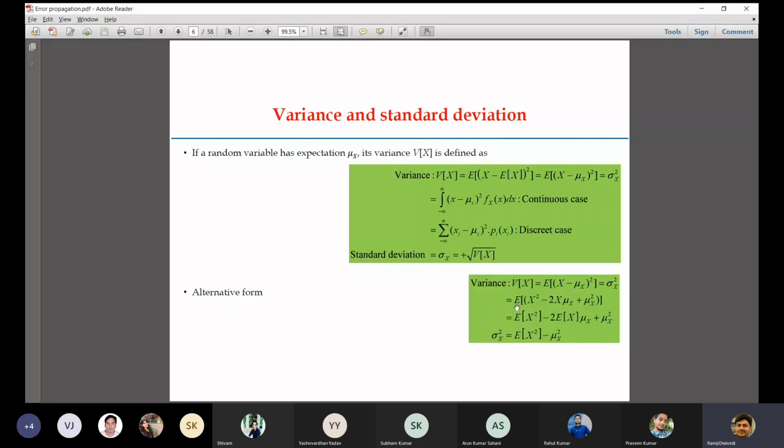Because variance is the quantity which is the individual observation and its deviation from the mean, and its square. So we are representing expectation of x minus expectation of x, squared. Okay. And then we can write it down similarly, expectation of x minus mu x, squared, and that becomes sigma x squared. It's a very good line, and you should follow it.